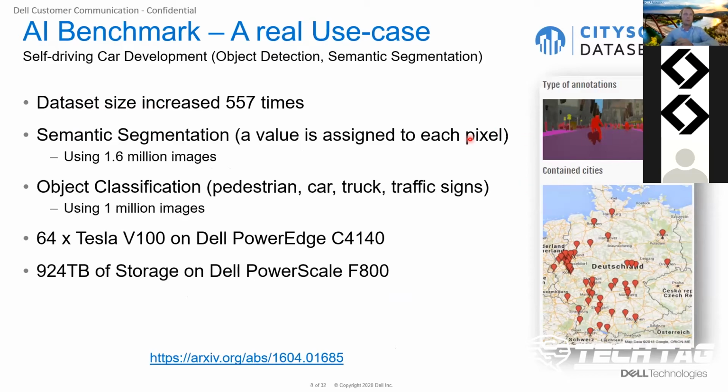And we focused on a traditional object classification use case, where we've detected pedestrians, cars, trucks, convertibles, traffic signs, everything that's on the street. We've used around 1 million images. So overall, 2.6 million images for both benchmarks. In this example, we've used 64 Tesla V100 GPUs and around 1 petabyte of our all-flash storage.